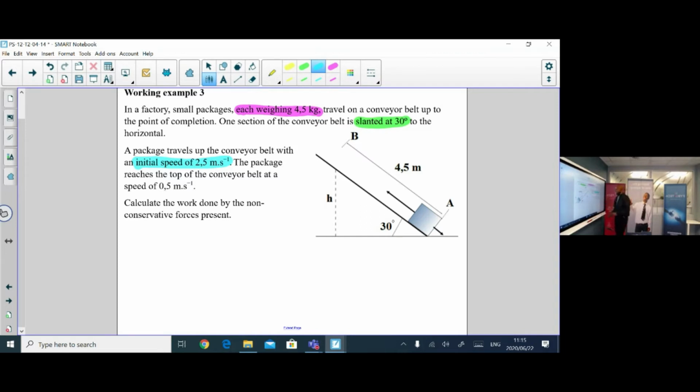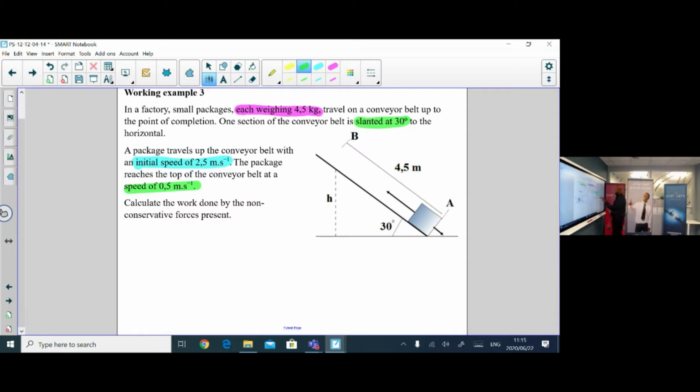The package reaches the top of the conveyor belt at a speed of 0.5 meters per second. This is your final velocity. Started here with 2.5, your final there is 0.5 meters per second.